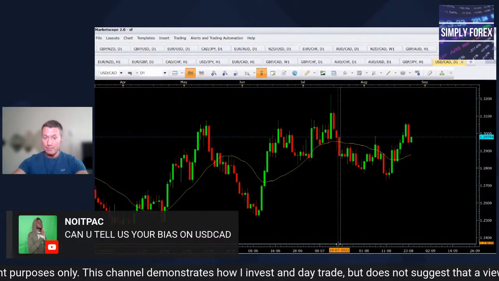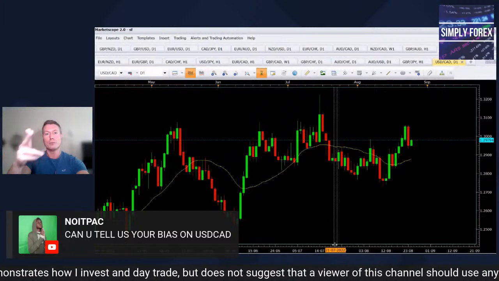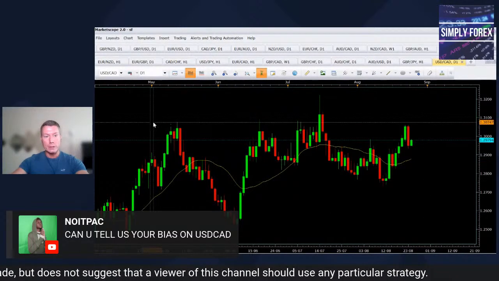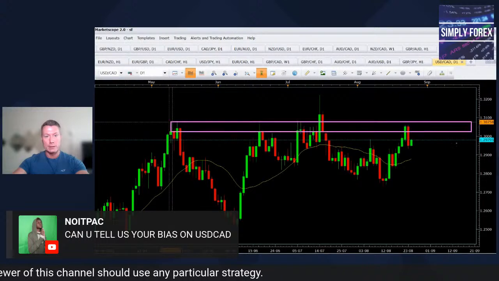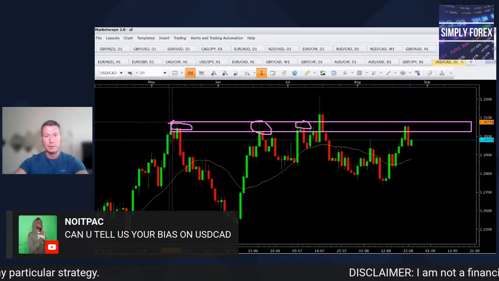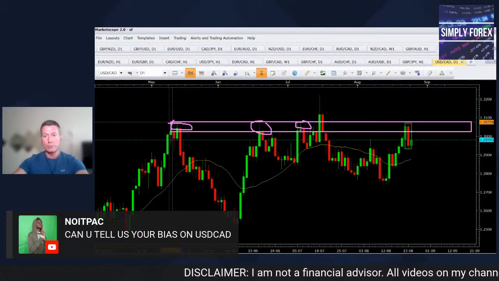But if you put a gun to my head and said, Tom, you must trade, I would short this market because it is hitting off this weekly zone here. You can see it's reacted many times, and we've got this large bearish candle.